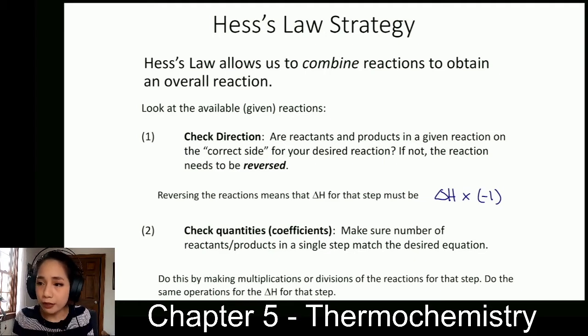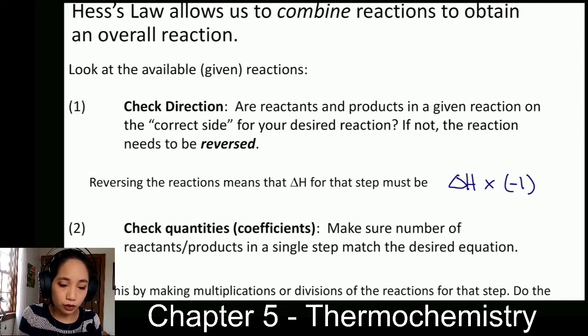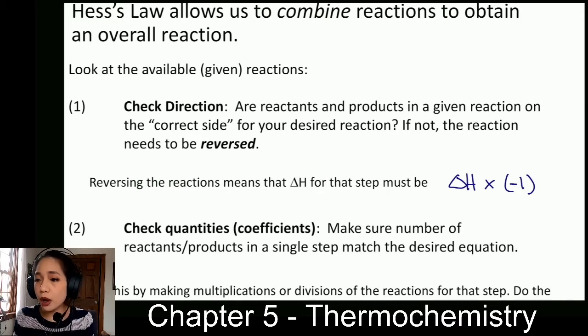If you have the wrong reactant or product on a given side with a given reaction, you'll need to reverse the reaction. If you reverse one of the steps, you have to do the same thing to the delta H value that's given. So if your reactants and products aren't on the correct side and you have to change the direction of the reaction, you also have to reverse the delta H of that step.